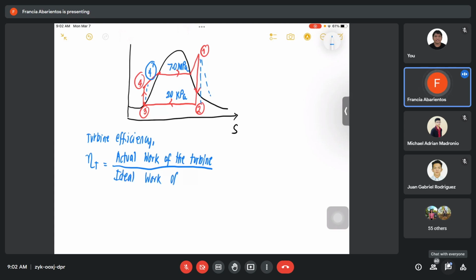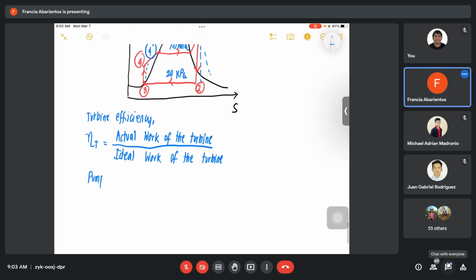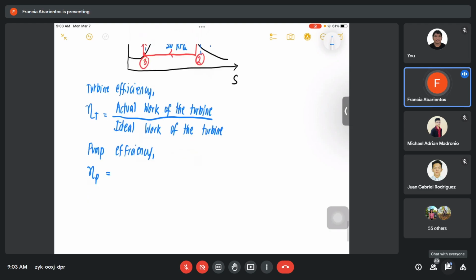The turbine compared to the pump efficiency, that is now the ideal work of the pump all over the actual work.